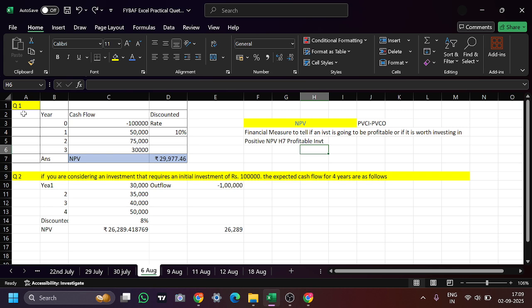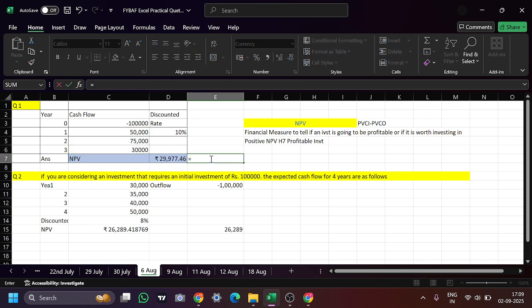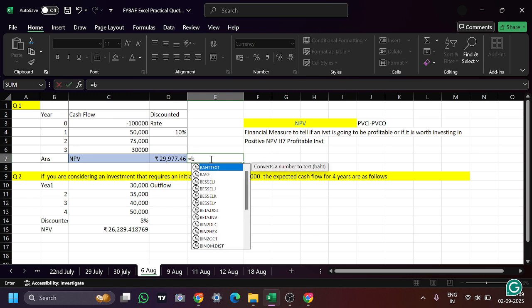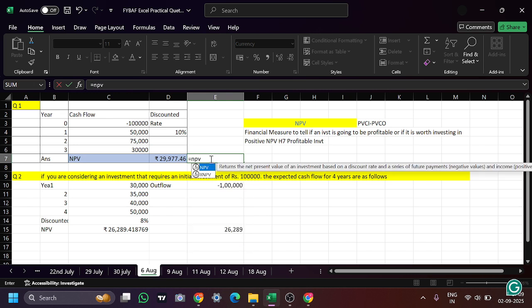Now for this particular question number 1, the years are mentioned as 0, 1, 2, 3. Cash flows, this is inflow and outflow. This minus figure denotes that this is an outflow. Then the discount rates are mentioned over here. This is the inflow. Now the syntax for the NPV is equal to NPV, in bracket, the rate is mentioned, right?